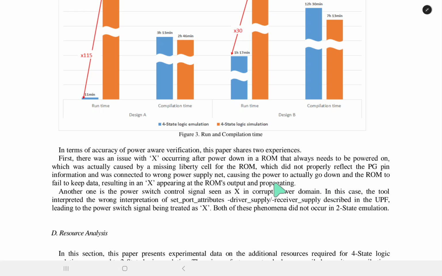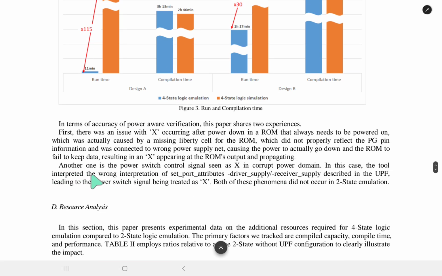In this case, the tool made the wrong interpretation of the set_power_port_attribute, the -driver_supply or -receiver_supply script in the UPF, leading to the power switch signal being treated as X. Both of these phenomena did not occur in two-state emulation.